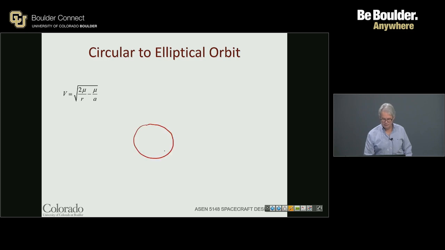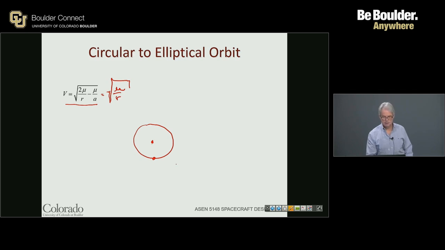Start out with a circular orbit, and I apply a velocity change. What's the velocity that I've got at this location? How do I calculate it? Well, I can look at the vis-viva equation and say velocity is the square root of 2 mu over r minus mu over a, but I already know what that is because we just wrote it. It's just the square root of mu over r.